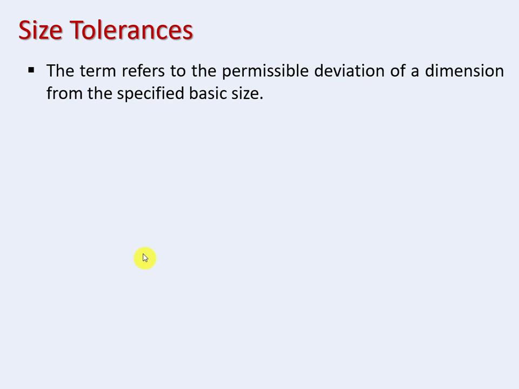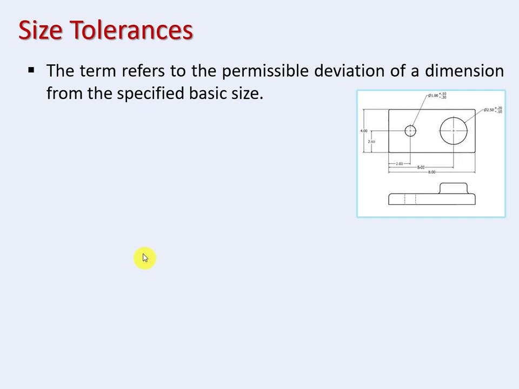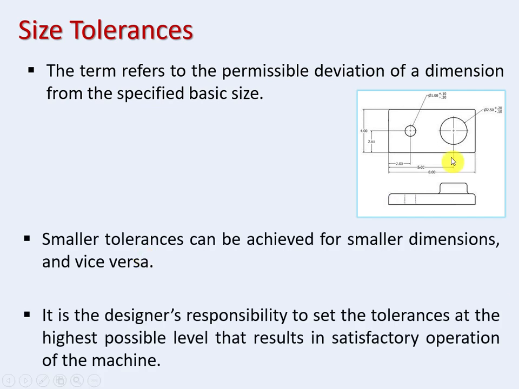As we said before, guys, tolerance is the permissible deviation of a dimension from the specified basic size. My question again, who will specify the basic size? Designer. Very good. In this example, the designer will draw the multi-views with dimensions and also with tolerances for very important dimensions.